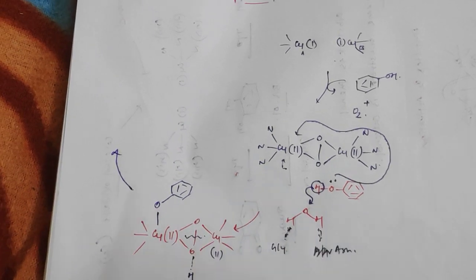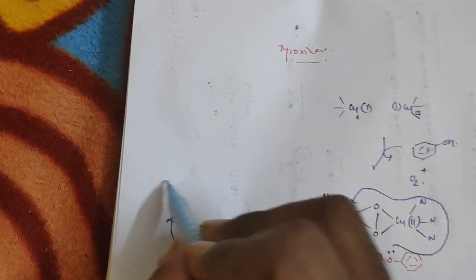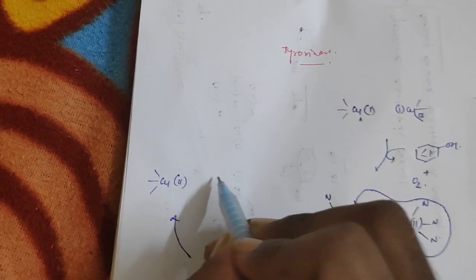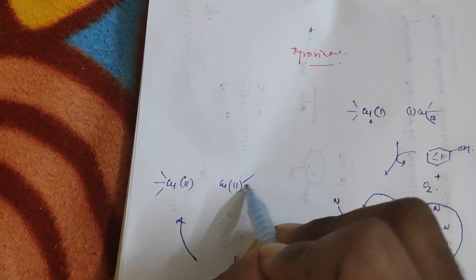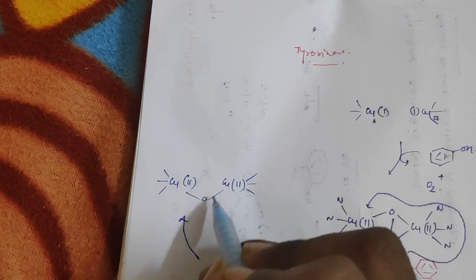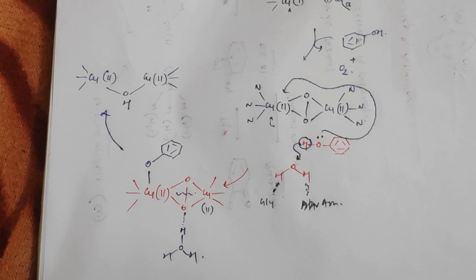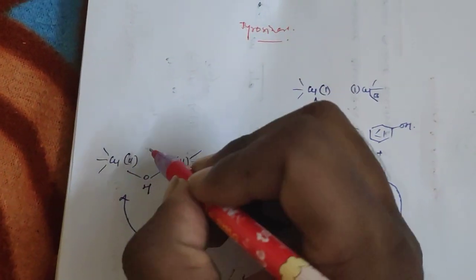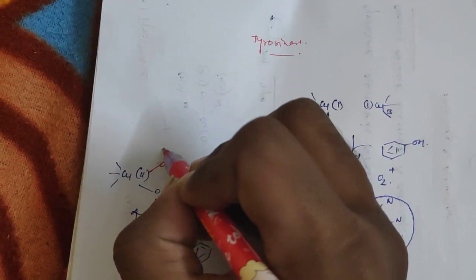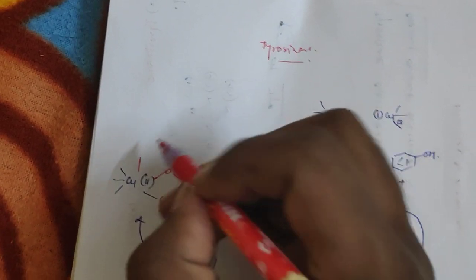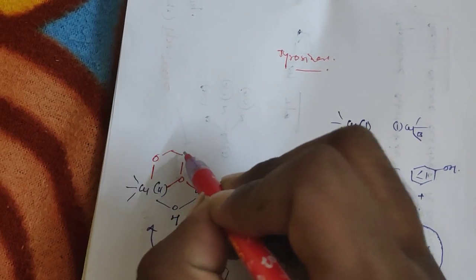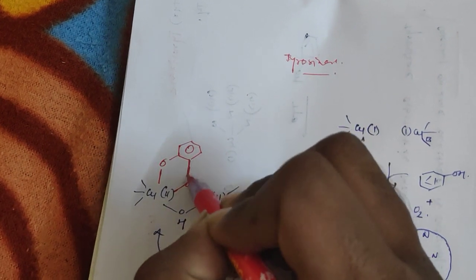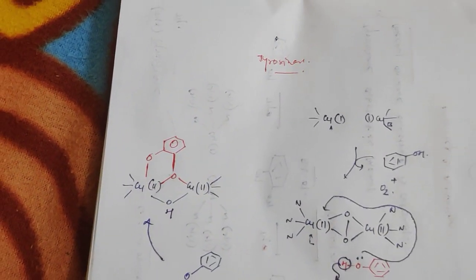This O bond will cleave, and we will be getting something like this. So copper N-histidine copper 2, and this remains unaffected, the copper B part. This becomes OH after getting a proton from the water medium, and now this oxygen is bound to that phenol also.